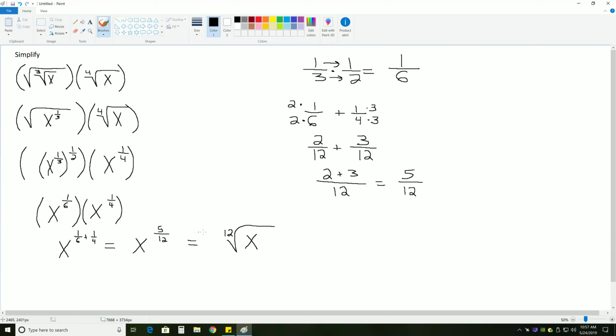So this 5 becomes our exponent. So the square root of the cube root of x times the 4th root of x is the same thing as the 12th root of x to the 5th power. And we circle our final answer.